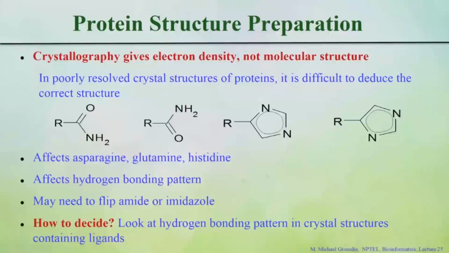Then we need to flip the amide or imidazole. So, mainly in the case of histidines also we need to see where these nitrogens are. Then how to decide which one is the best? We can decide based on the structures with ligands. If you see the PDB, there are several free structures, and in many cases you also have structures with ligands.